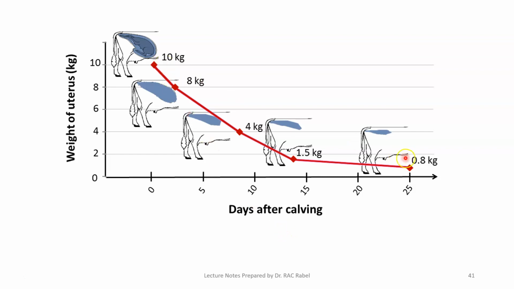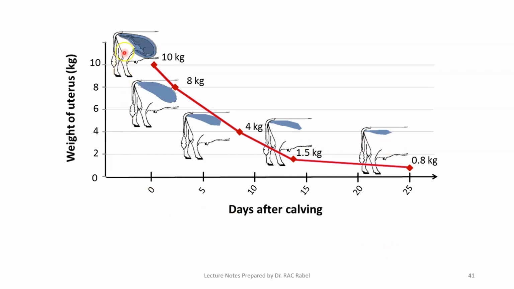So see, there is about a 12 times expansion of the uterus weight. This is not including the fetus. The fetus is 30-40 kilos. So this 10 kilograms is only the uterine tissue, right? It has to come back to 800 grams or whatever.